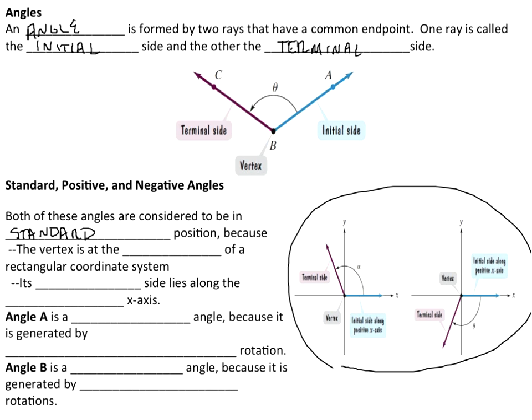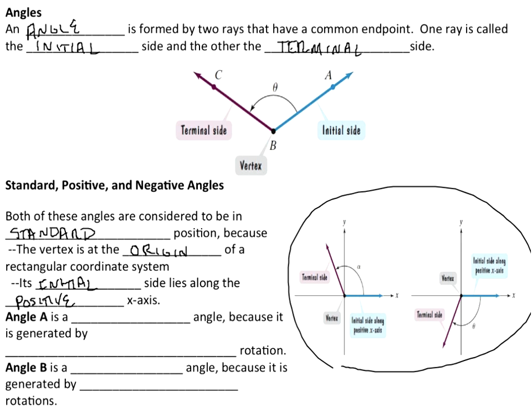The reason they are considered to be in standard position is because the vertex is at the origin of a rectangular coordinate system, and its initial side lies along the positive x-axis.